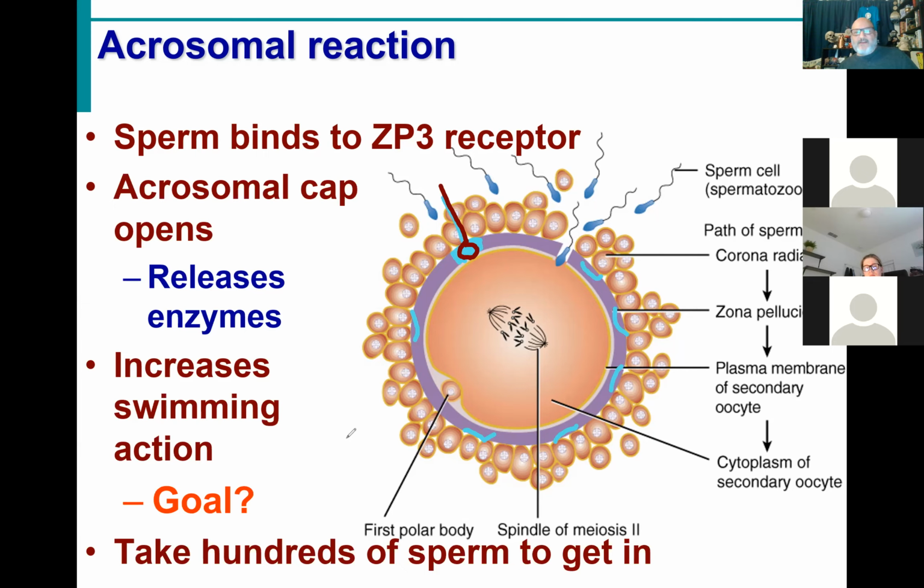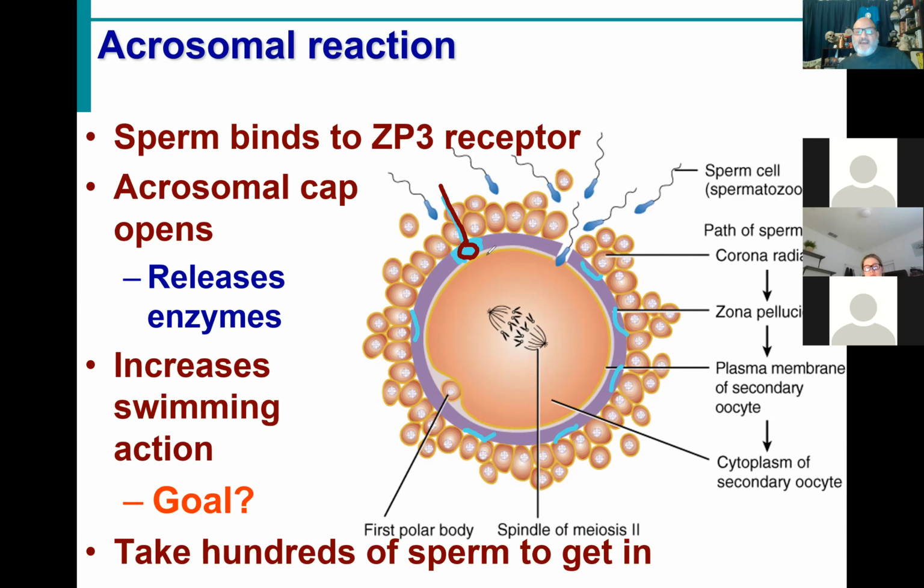And that's the second fallacy. We think of it as the sperm fertilizing the egg. That's not actually what happens. The head of the sperm actually comes in contact with the plasma membrane of the secondary oocyte and basically sticks there.